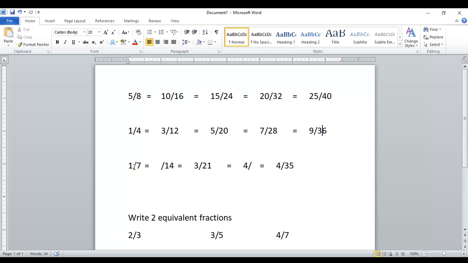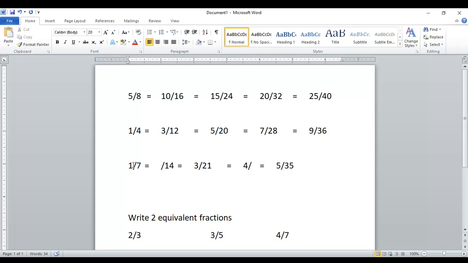We have 1/7 is equal to how many 14ths, is equal to how many 21sts, is equal to 4 something, or 5 35ths. So let's see what patterns we find in the numerator.